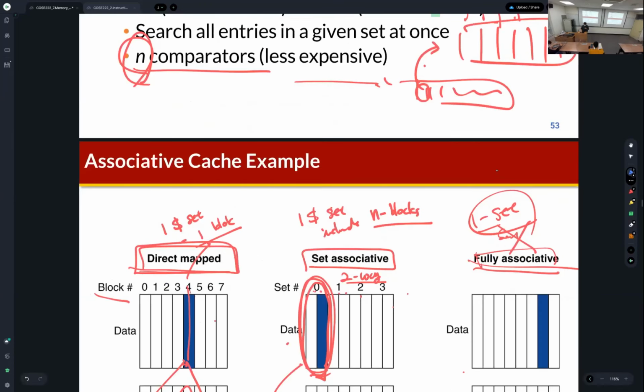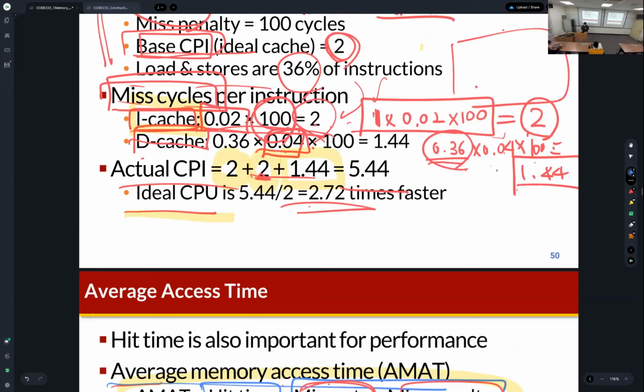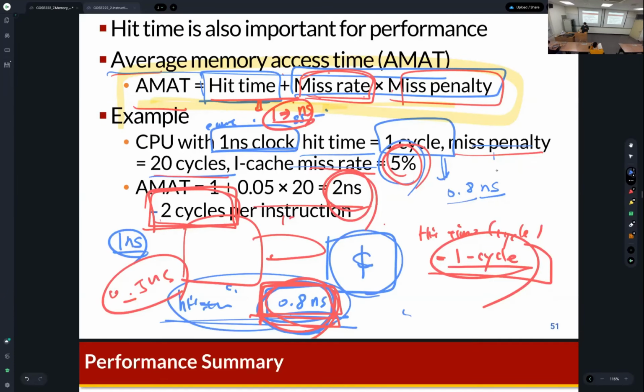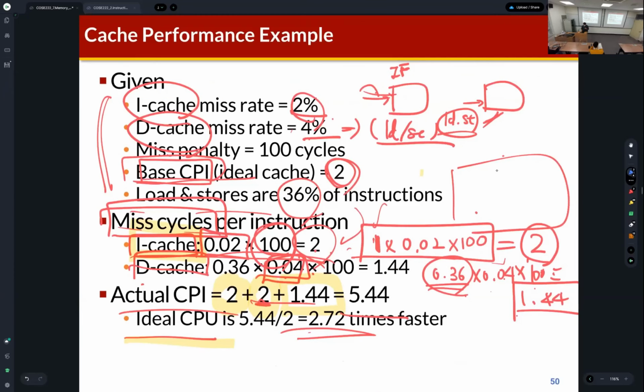We learned about the performance of the processor considering the cache miss rate. The base CPI is decided by the ideal case, the hit cases, and CPI is increased by miss cases.